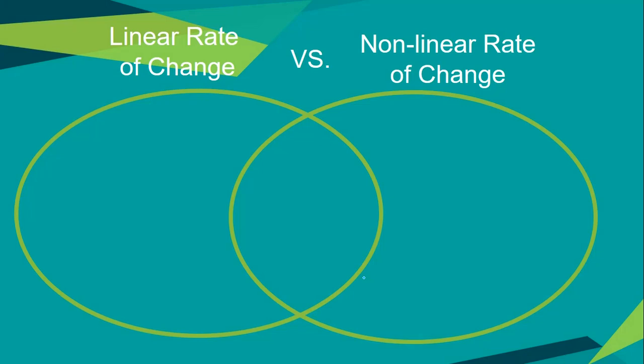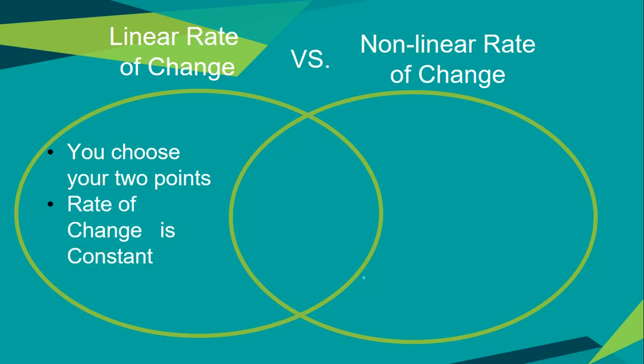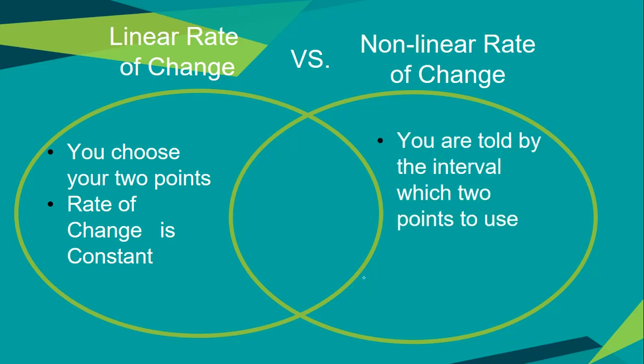So, talking about rate of change, what do we know? Well, linear rate of change, you've talked about that before. You can choose any 2 points on a line and find a slope, and it's always going to be a constant rate of change. Non-linear rates of change are a little different. You are told which 2 points to use, because if you are not told, you might not have the correct average rate of change. Your average could either get higher or lower.